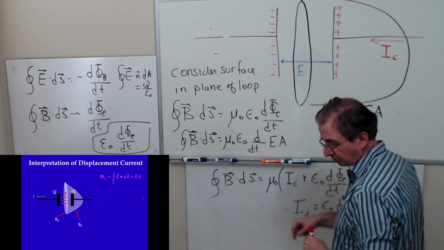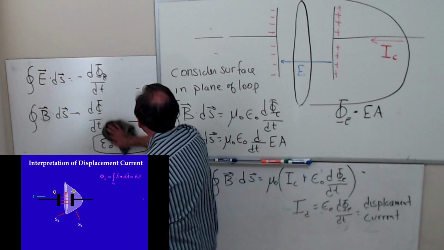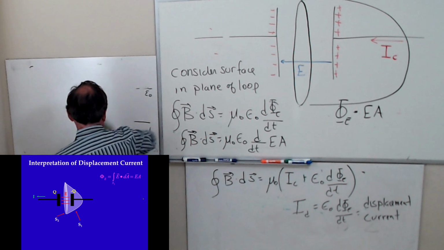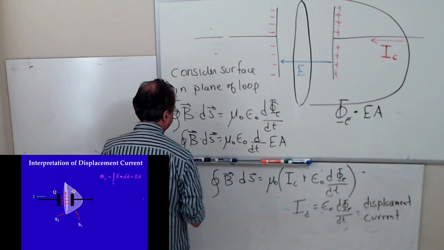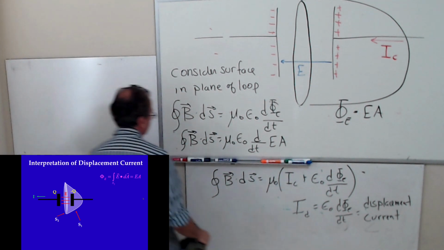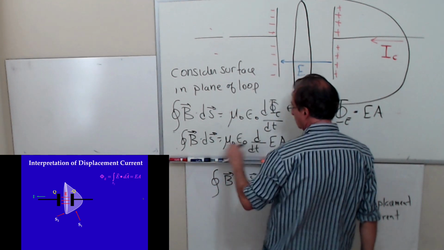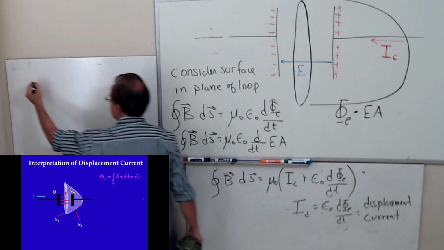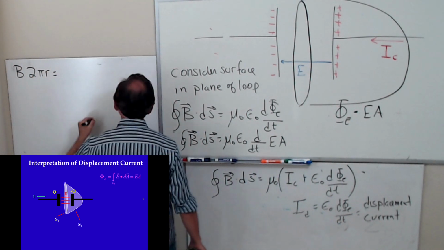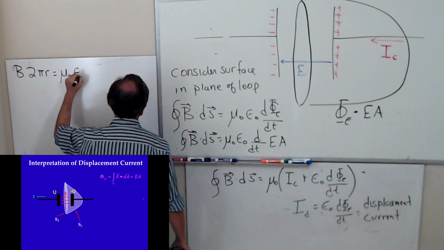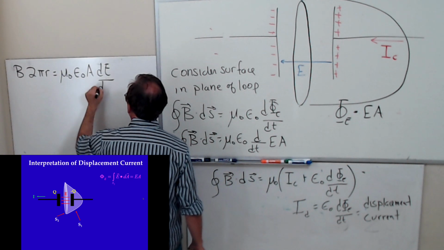So let me go to the other board here and rewrite this. Since the magnetic field is in the radial direction, I'm going to write this as B times 2 pi r is equal to mu naught epsilon naught times A dE over dt.